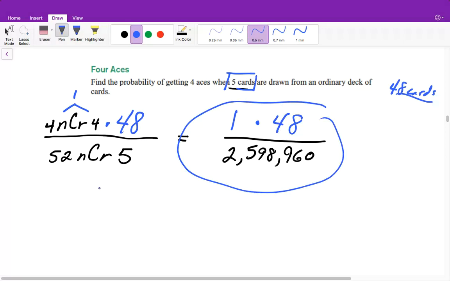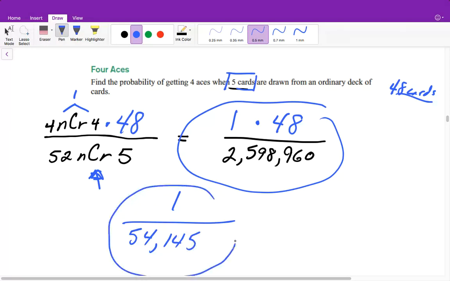If you plug it into your calculator like this, it will automatically reduce it for you for most of them. And this will give us 1 out of 54,145. All right, so you have a 1 out of 54,145 chance of drawing 4 aces. That's why when you play poker, 4 of a kind is considered to be a very good hand, because of the unlikelihood of it happening.